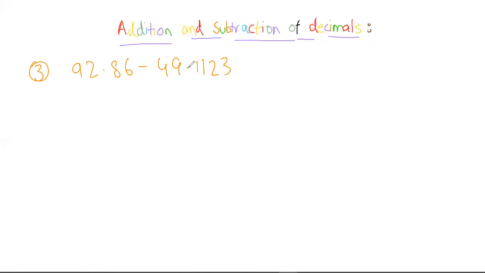So here it has 4 decimal places. So let's take the bigger number. Now please bear in mind, even though this number has the bigger number of decimal places, it does not matter, because the bigger number is 92.86, not 49.1123.